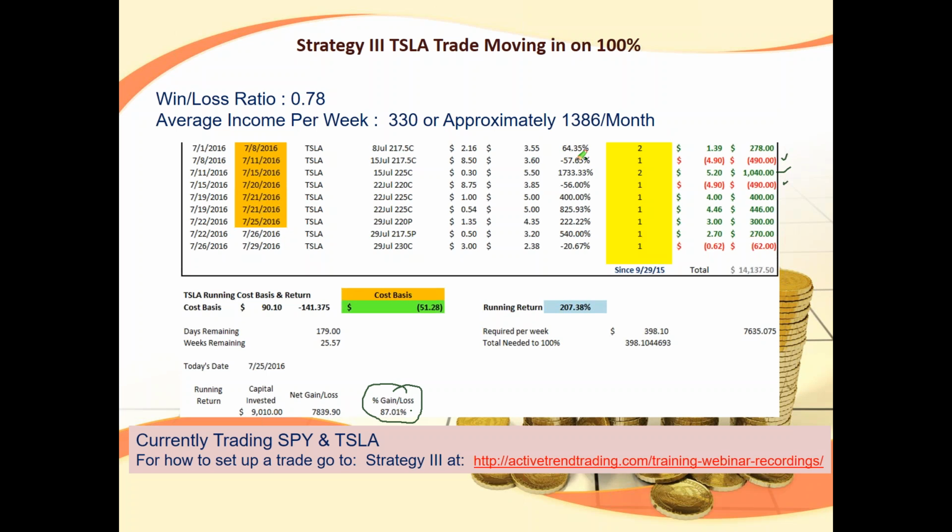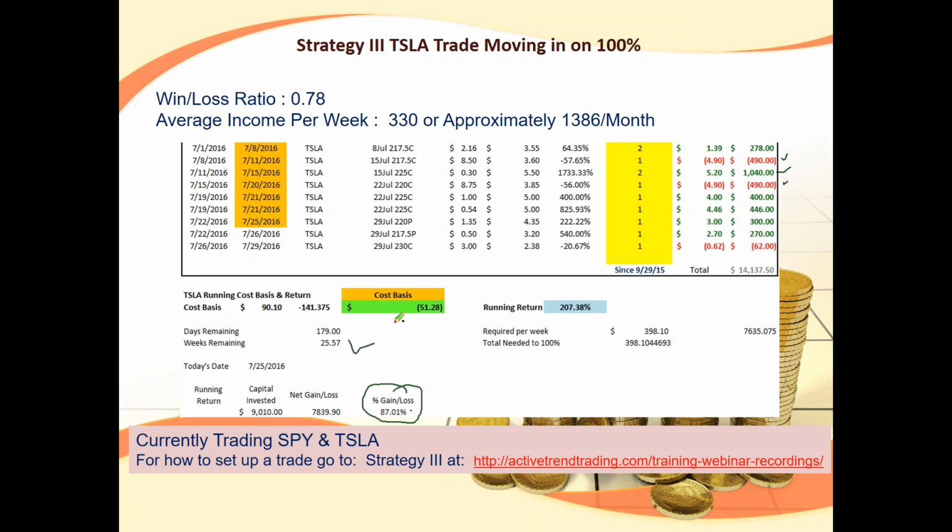As of the 25th, we were sitting with about 25 more weeks to go with this particular trade. Once this trade reaches 100%, I will close out those long LEAP options, and then I'll do one of 2 things.